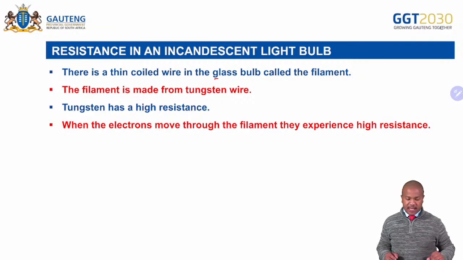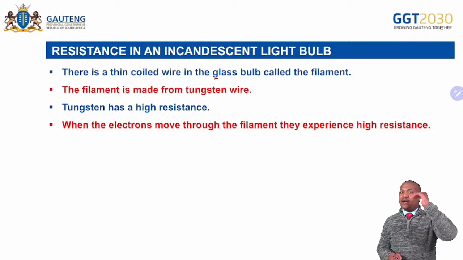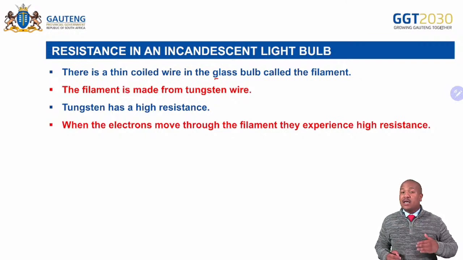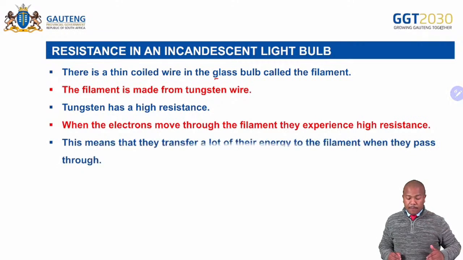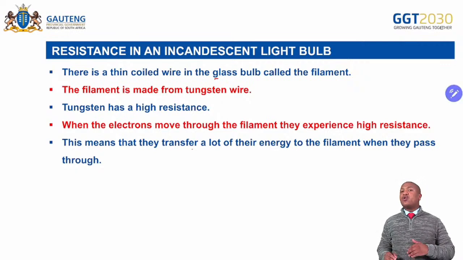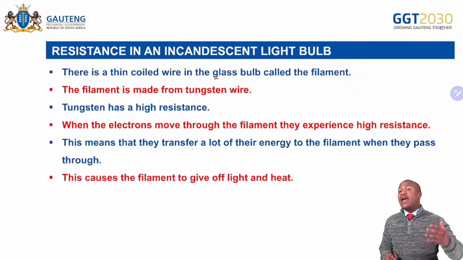What really happens here? When the electrons move through the filament, they experience high resistance because of the tungsten wire that it is made up of. And this means that the energy is going to be transferred, and it's going to produce heat and light as a result.